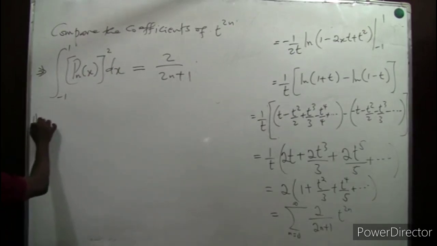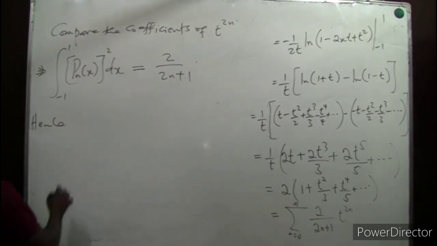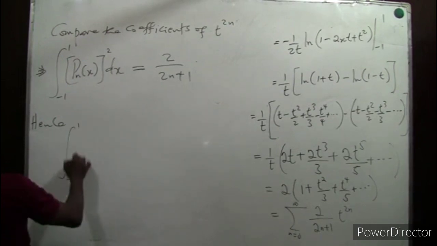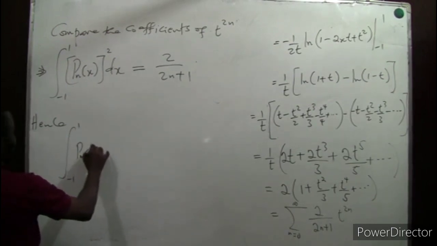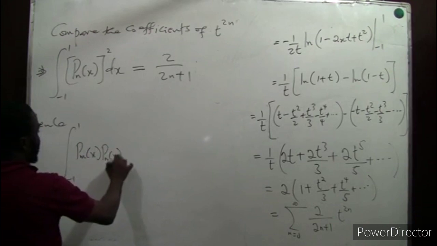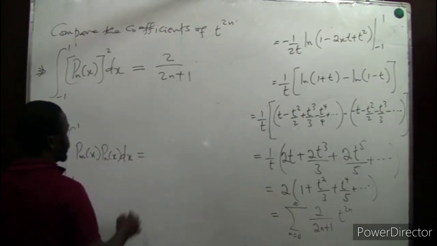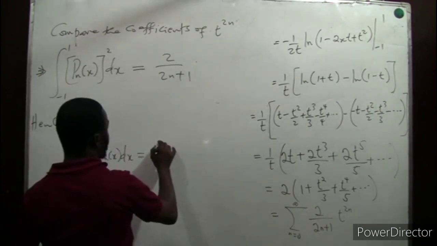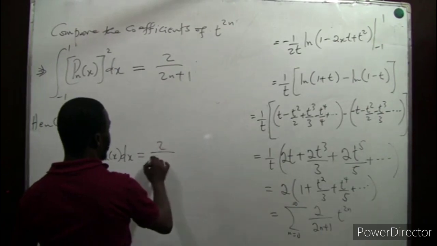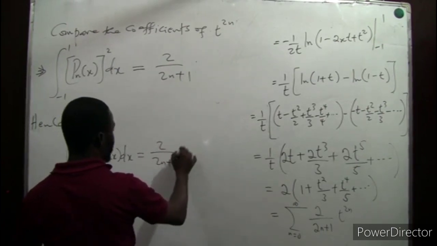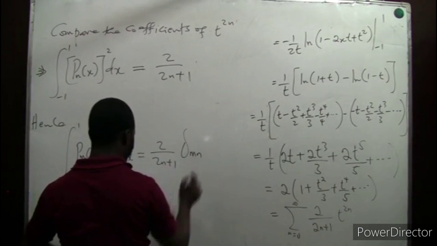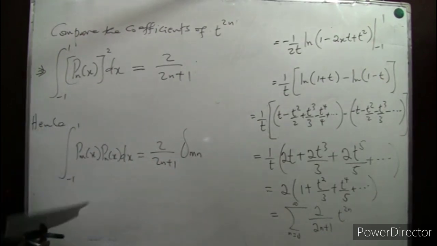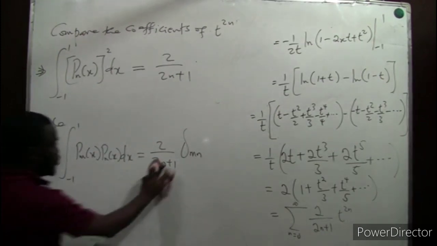So, hence, we can now conclude that integral minus 1 to 1 of Pm of x Pn of x dx equals 2 divided by 2n plus 1 Kronecker delta mn. Let me write it this way first.